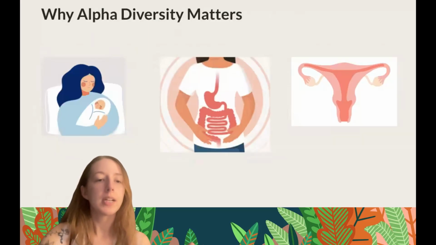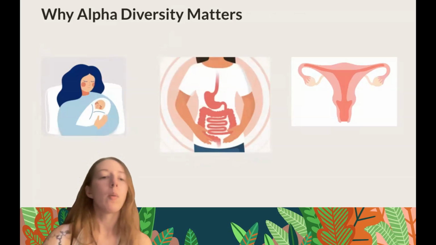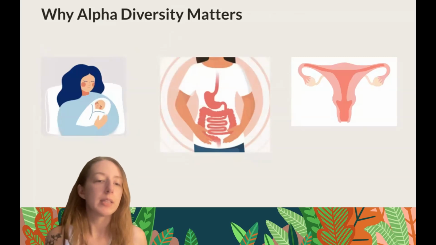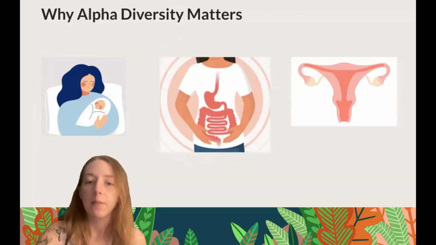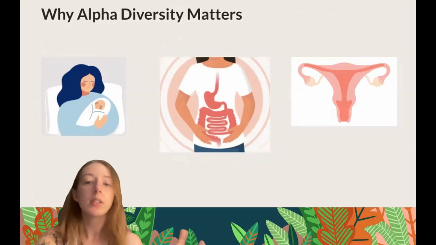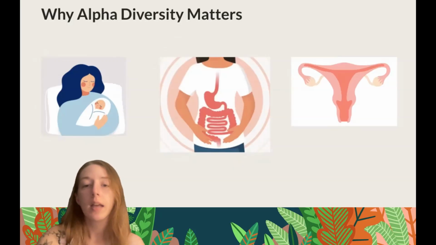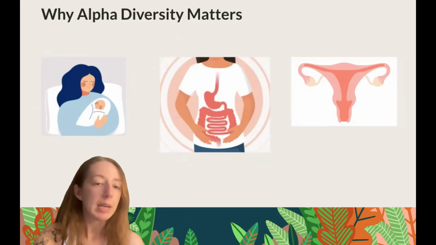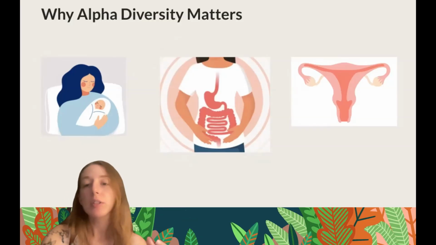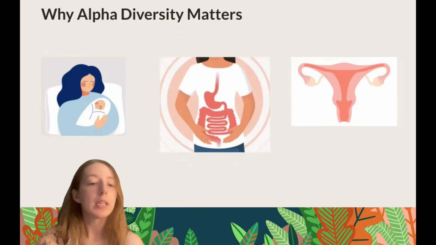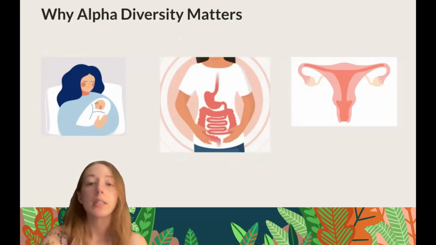All right, so this is kind of the fun part where we're thinking about where alpha diversity plays into real life. Well, a lot of different aspects of life. Alpha diversity is often used to link microbiome structure to health and resilience. You might have taken antibiotics, in which case the richness and evenness are frequently disrupted and decreased.